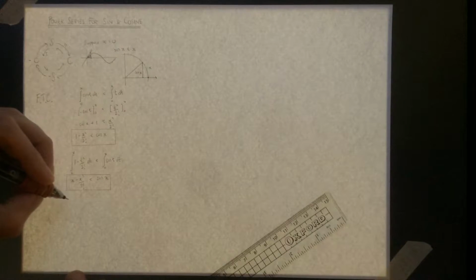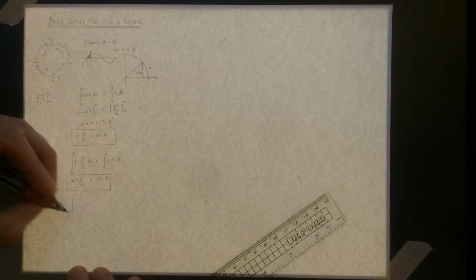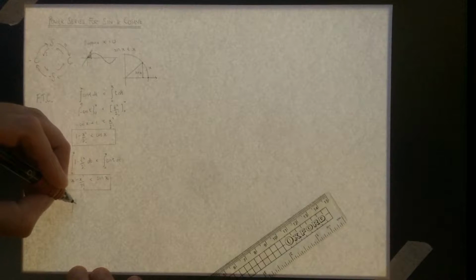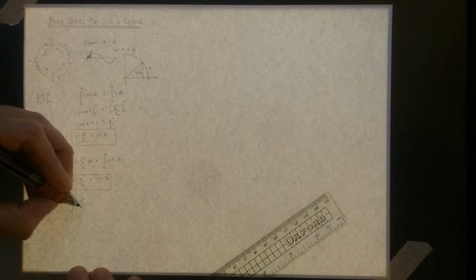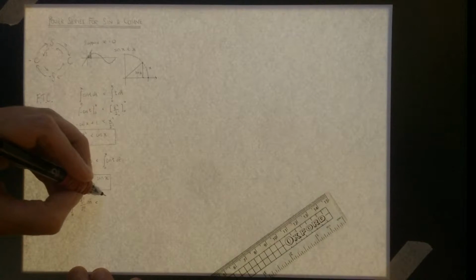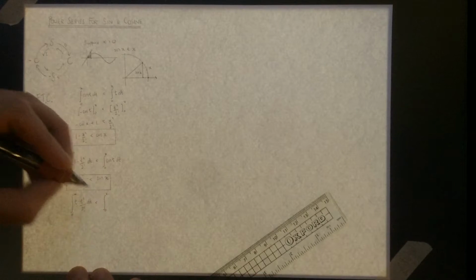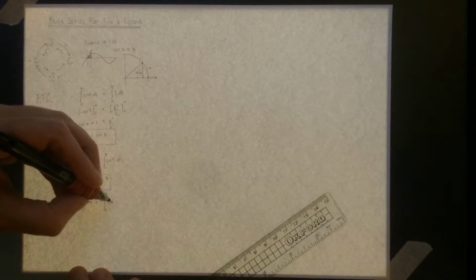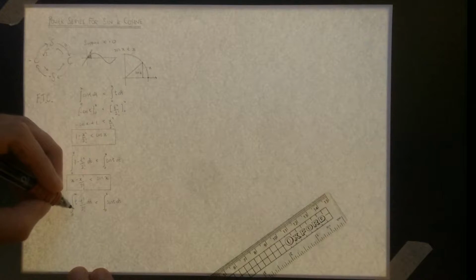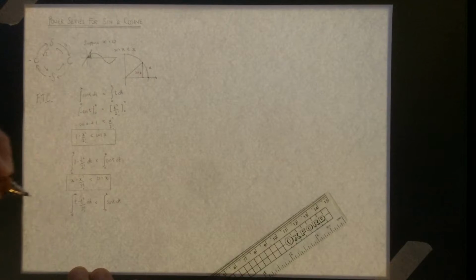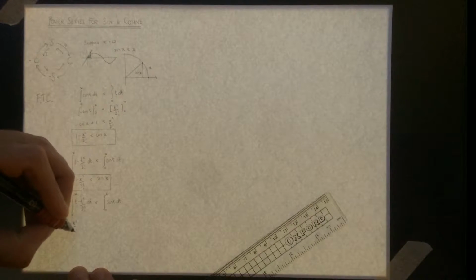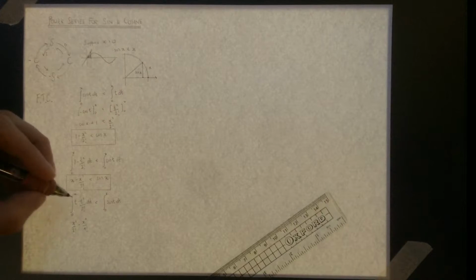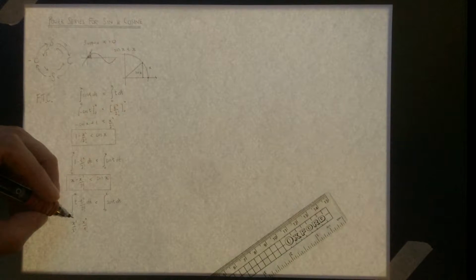Let's keep going. Integrate again. And we now have x squared over 2 factorial minus x to the 4 over 4 factorial minus 0 squared over 2 factorial minus 0 to the 4 over 4 factorial.